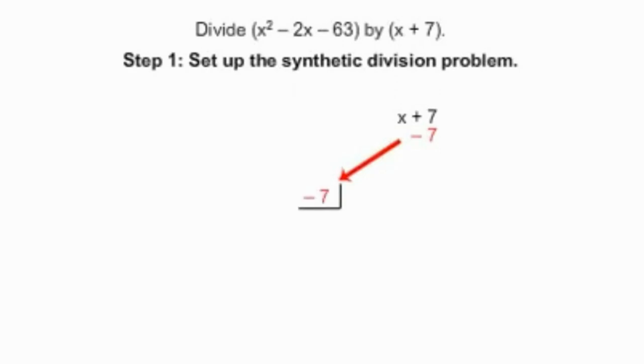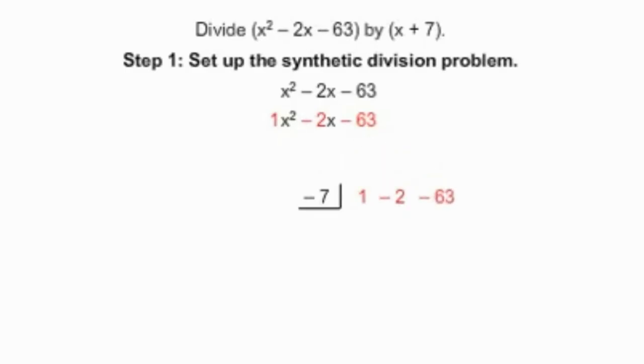Drawing half of a box helps to separate it and reduce possible confusion. Now look at the dividend. Identify the coefficients of the terms in descending order. Remember to show the understood coefficient of 1 for x squared. Place the coefficients along the top row of the problem to the right of -7. Underneath those coefficients, skip a line and then draw a line. Now the problem is set up.